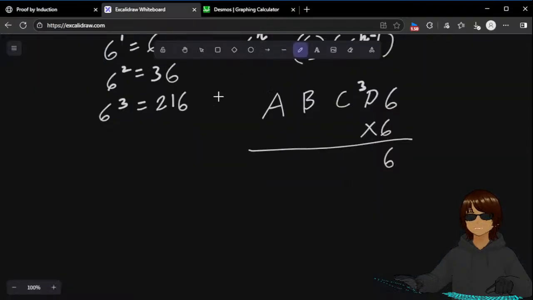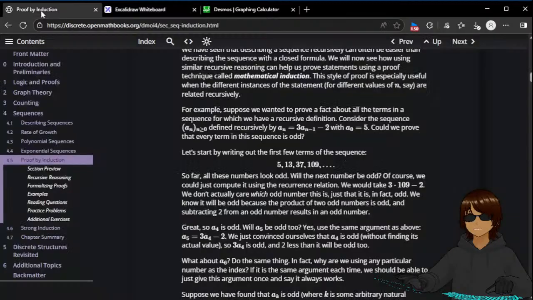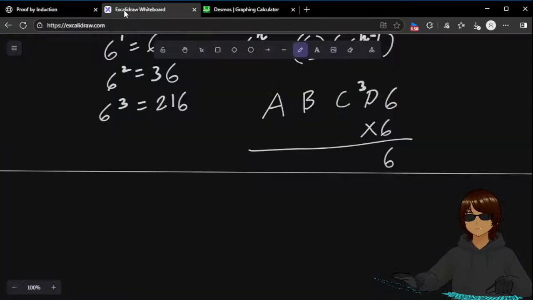They're defining it recursively, right? They're saying a_n is 3 a_(n-1) minus 2.